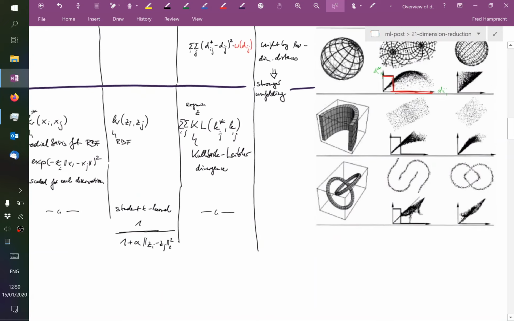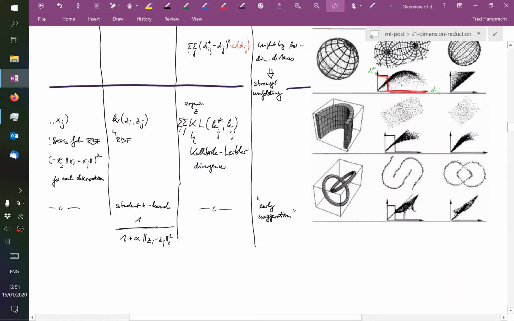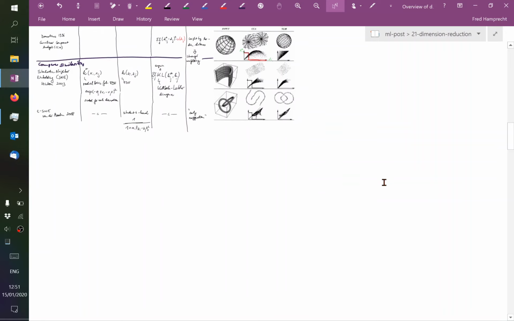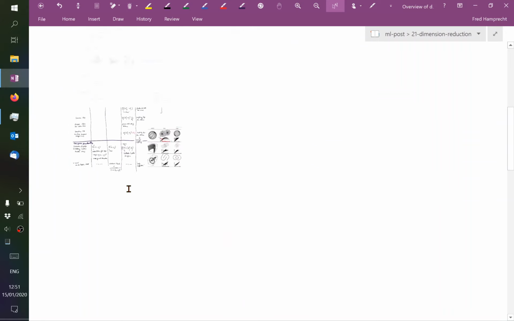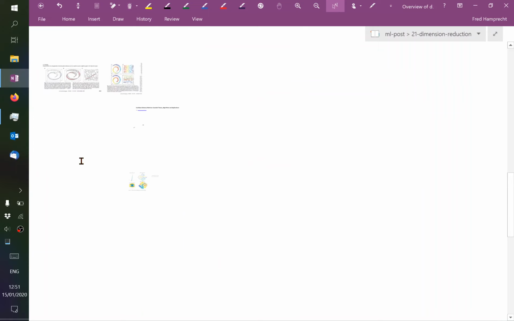For example, the authors use a scheme which is called early exaggeration, which can be thought of as a step size schedule, and that is really important to make it run well. And in t-SNE, points are initialized randomly, and this can lead to some strange results. I'm looking for a picture. This one here.